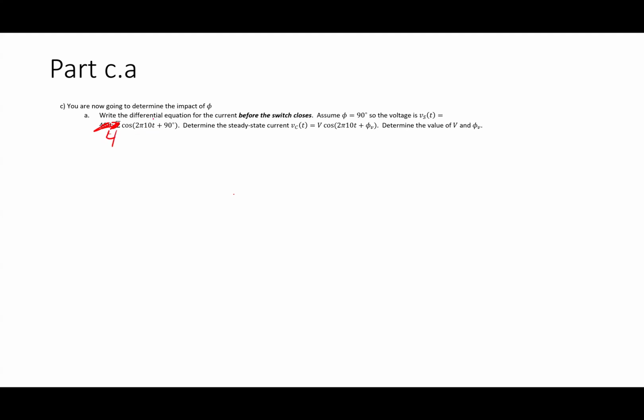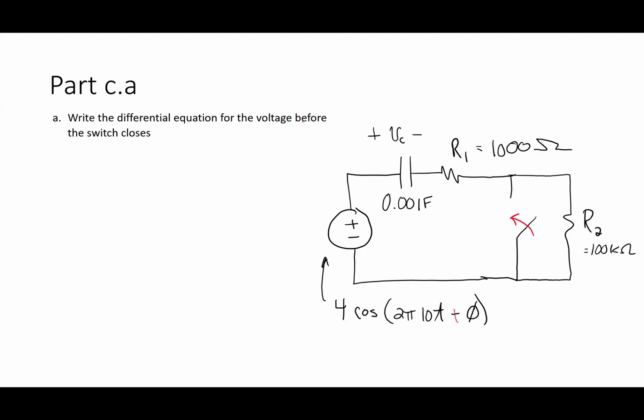All right. So I want to determine the steady state voltage. I say before the switch closes. This is an important one. What's the differential equation before the switch closes?